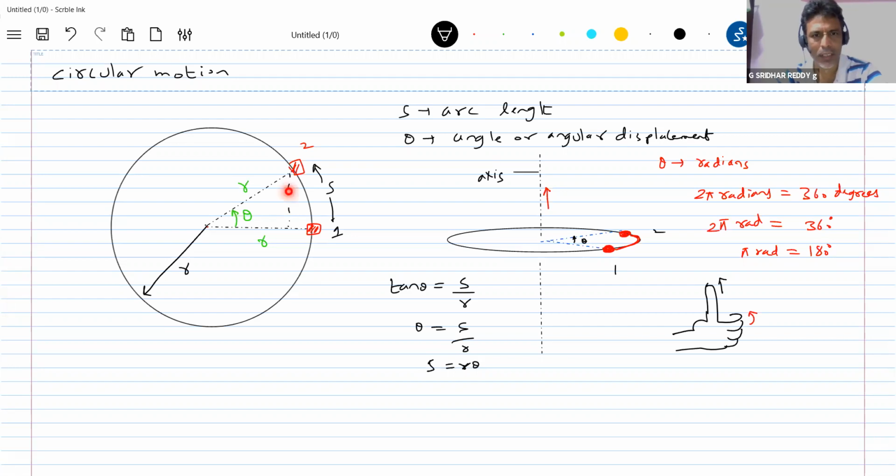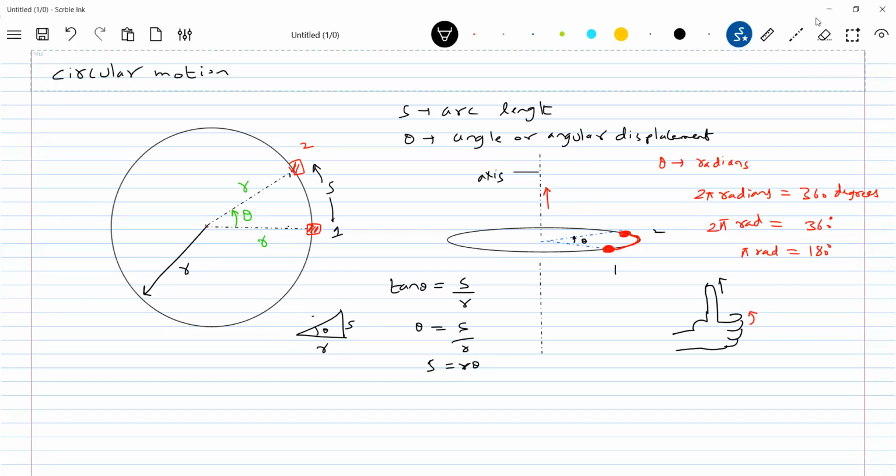In the diagram theta appears a little larger, but for theta very small, tan theta equals S by R, so the arc length is equal to r theta.